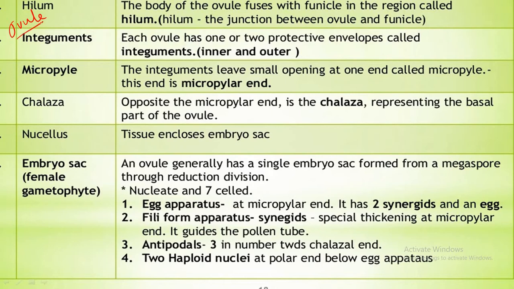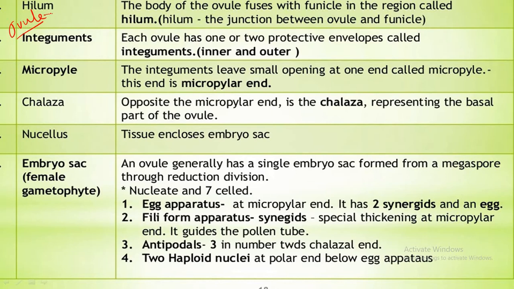The ovule is an integumented megasporangium within which the meiosis and megaspore formation takes place. It is attached to the placenta by means of a stalk which is called funicle. It develops into a seed after fertilization.